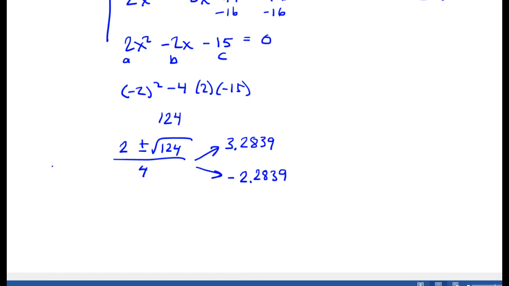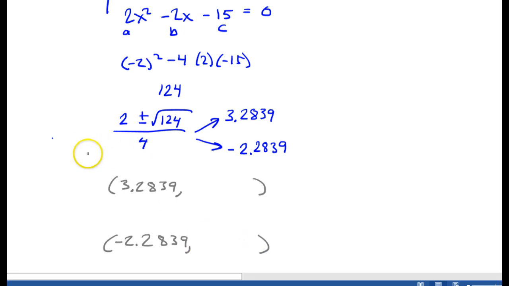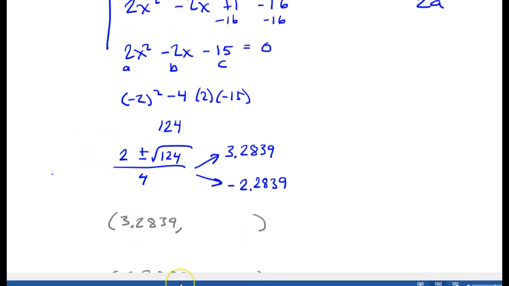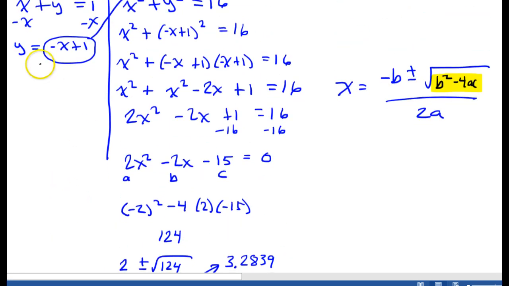So I'm going to go ahead and start building my solution set. So I've got positive 3.2839 comma something, and so there'll be a y value that goes with that, and we have negative 2.2839 comma something, and we need the y value to go with that. So let's start with the positive 3.2839 and substitute that back in to this little equation right here and see what we get.